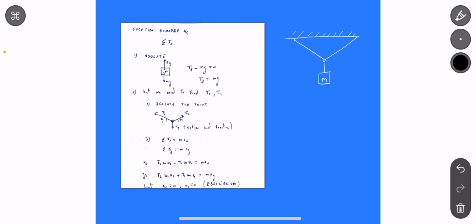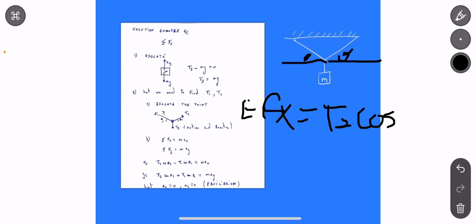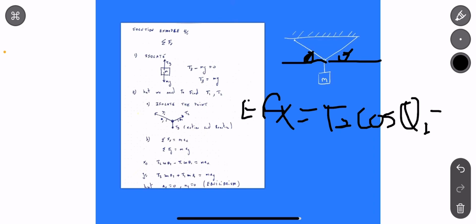So we can start with x because I believe it's a little easier. The total sum of force for x will equal T2 cosine theta 2, and we're doing cosine because it's the cosine when we're looking at the thetas here, the right triangles. We do the same thing for T1 cosine theta 1.